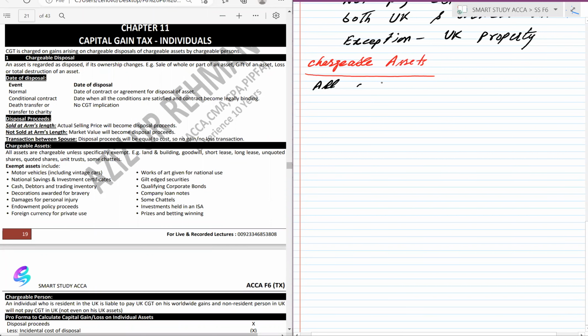So all assets except exempt assets are called chargeable assets. I have mentioned a list of exempt assets.